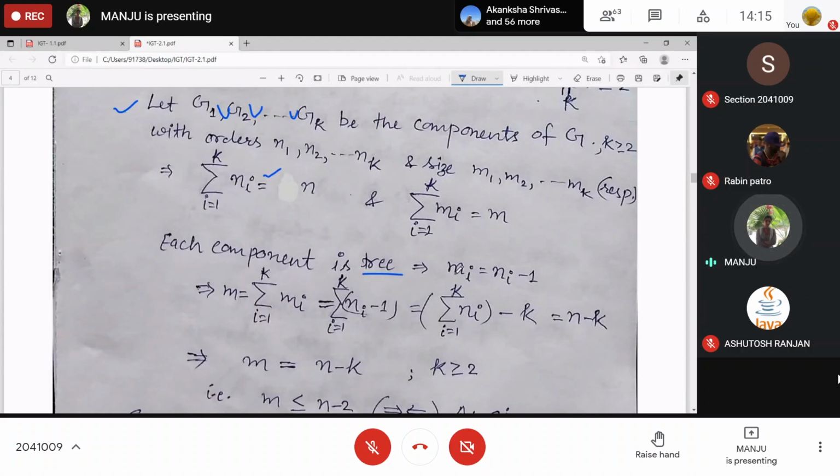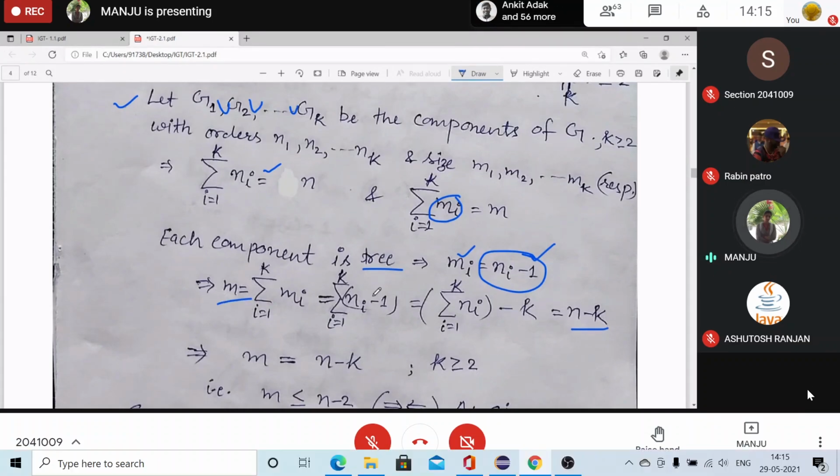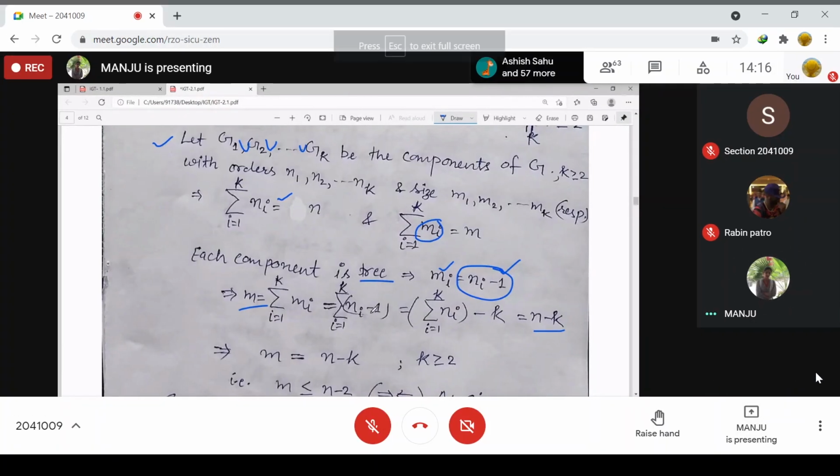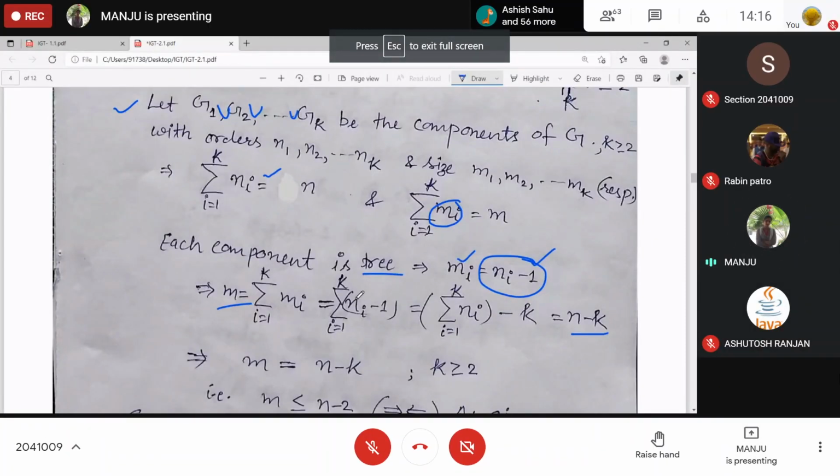And for a tree we have size n minus 1. So mi for each component will be ni minus 1. You just put this value here and try to get the value in terms of n and k. So the m value will be the summation of ni minus 1, and this minus 1 will be subtracted k times, right?